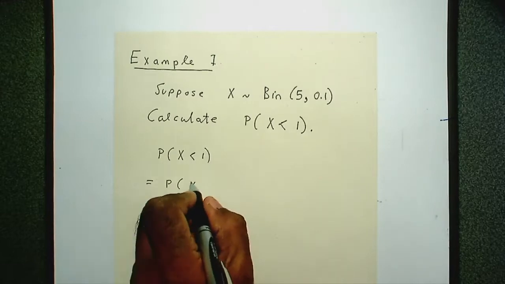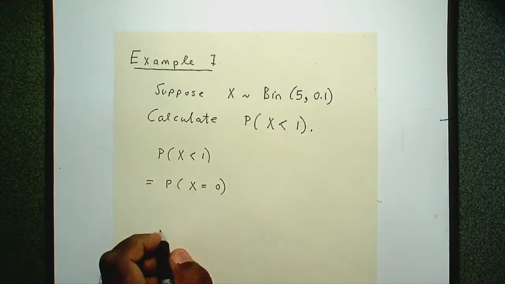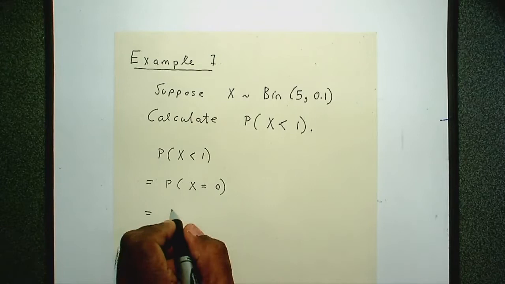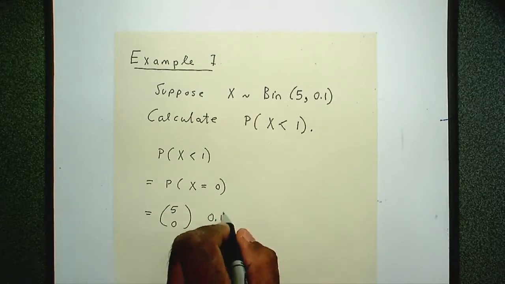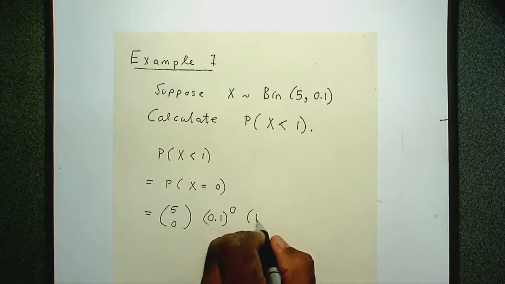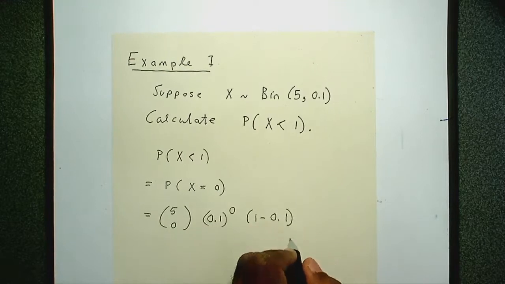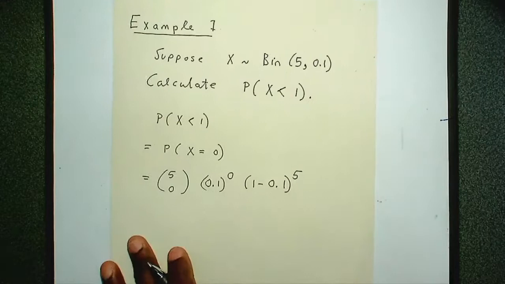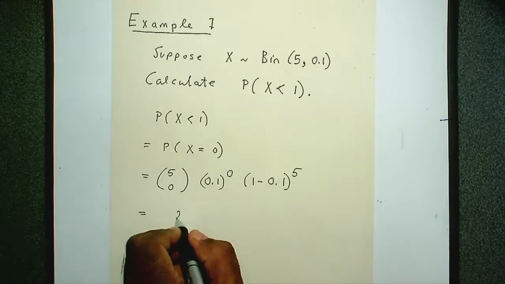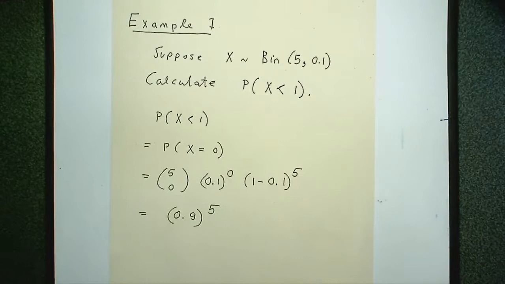So this is the probability that x equals 0, which is 5 choose 0, 0.1 to the power 0, 1 minus 0.1 to the power 5. So the answer is 0.9 to the power 5. You follow me? It's too easy for you, right?